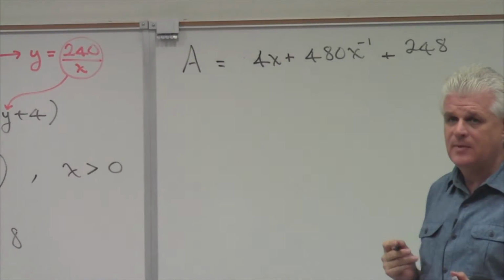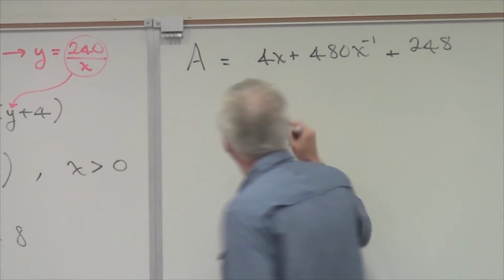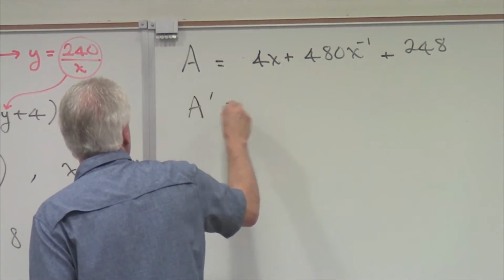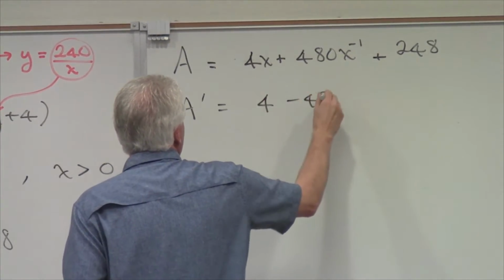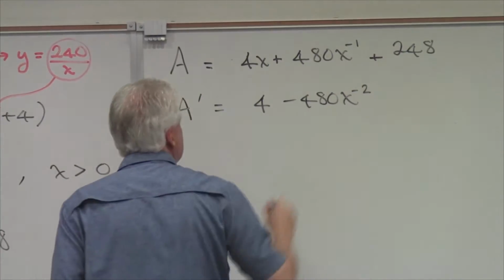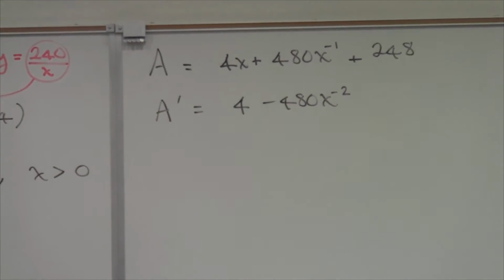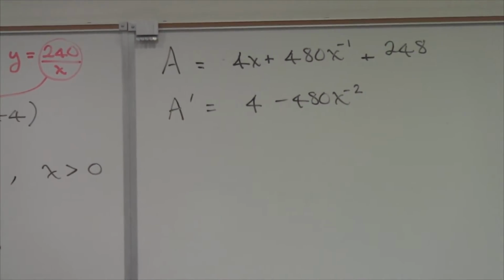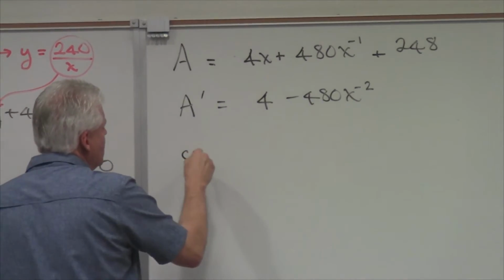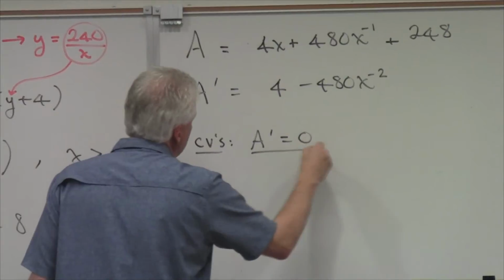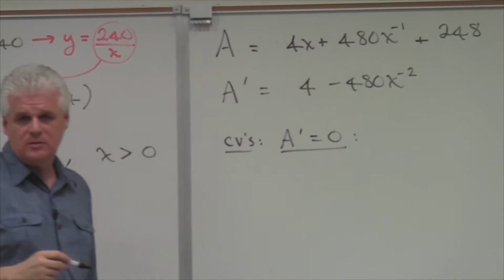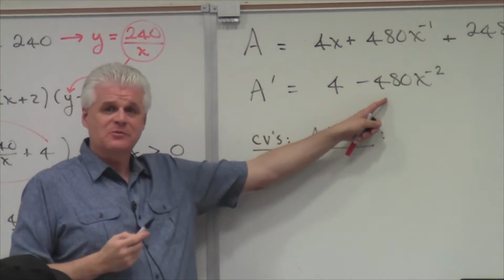Okay? Now let's crank the derivative out. So A prime, it's a pretty easy one, is 4 minus 480x to the negative 2. You okay with that? Critical values. Those are places where the derivative is 0 or undefined. Now I will write this derivative as a fraction.